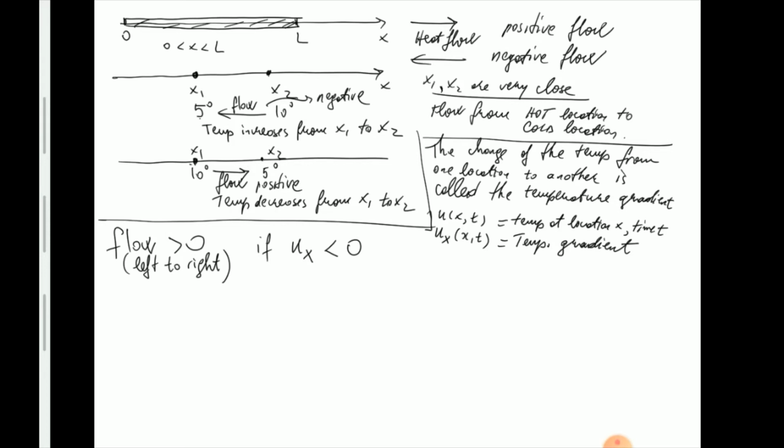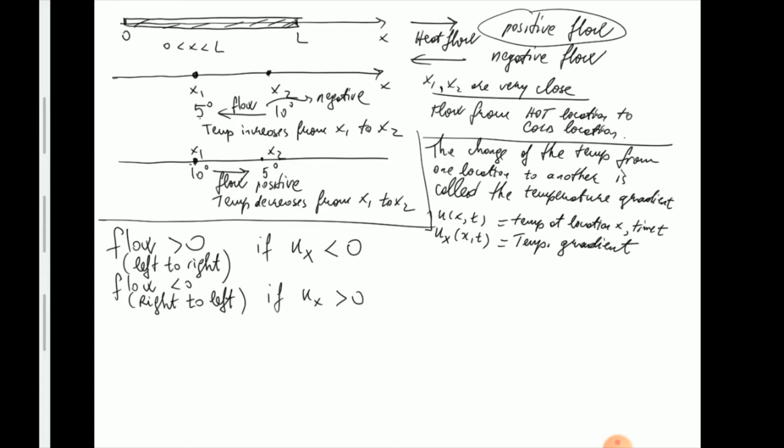That means the flow is positive also from left to right. Okay, so basically, like I said, by convention, the positive flow is from left to right in the one-dimensional case. And vice versa, the flow will be negative from right to left if the temperature gradient is positive.